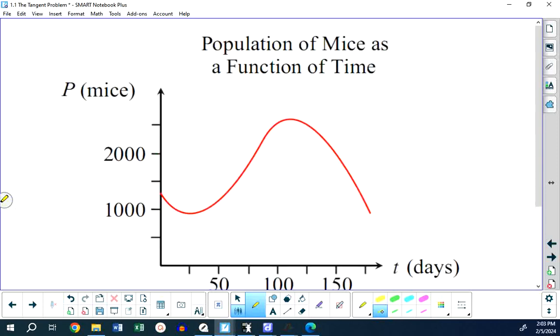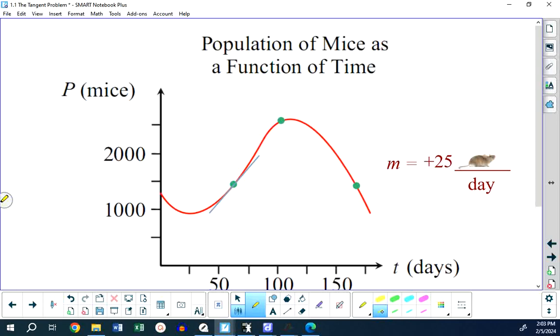When I kind of raced through this at the beginning on day one, I said, if this was a function of mice compared to days, and I had these 3 days, I just kind of, and it was glib, I just said, well, what if the slope of that line is 25 mice per day? Rise as mice, run as days.